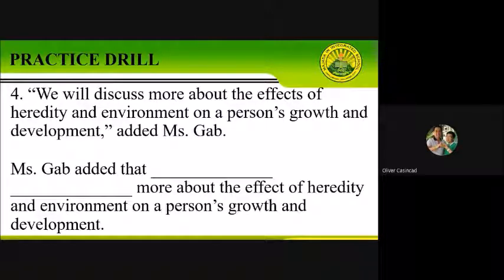No, we are not included in the conversation. We are just reporting about the conversation. So instead of we, because we are not included, we shall put they, plural. The change in pronoun, take note of that. That they, you have their verb, will discuss, would become would discuss more about the effect of heredity and environment on a person's growth and development.